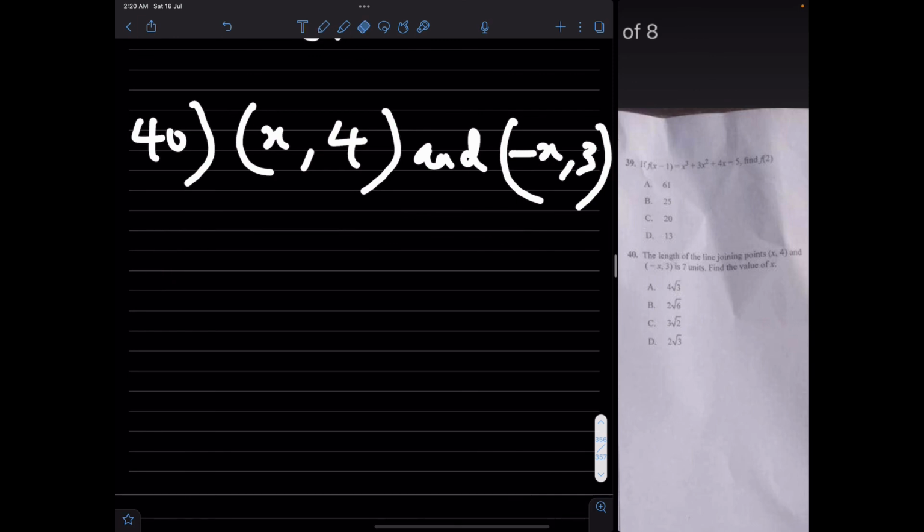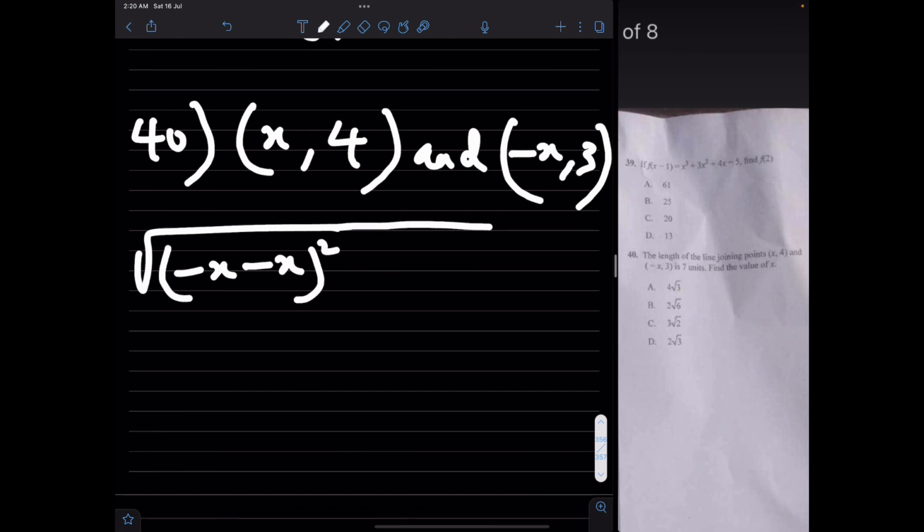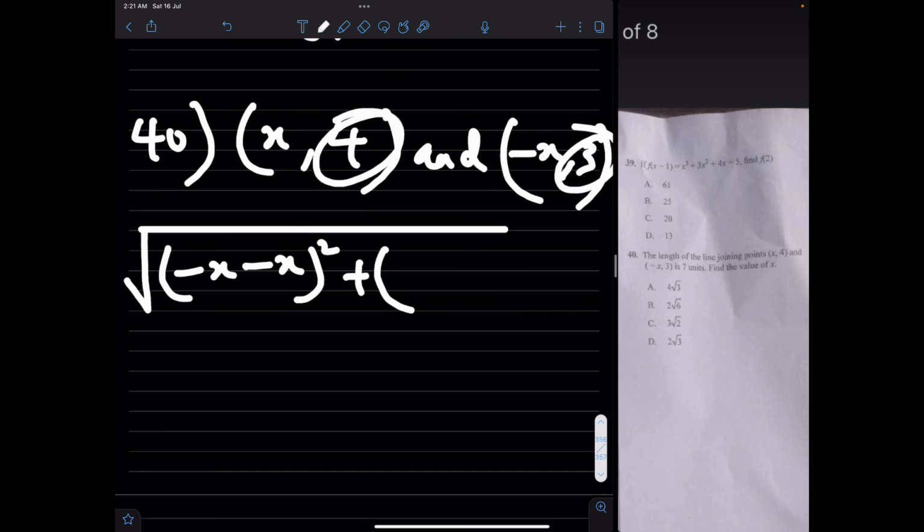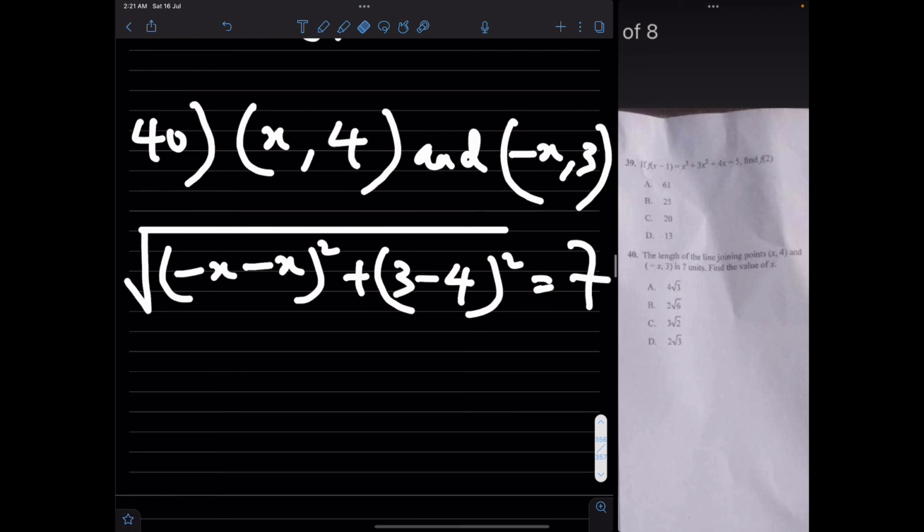So x2 minus x1 is minus x minus x, all squared, plus y2 minus y1, which means 3 minus 4, squared. And that is equal to the length of the line joining the points, which is given as 7.